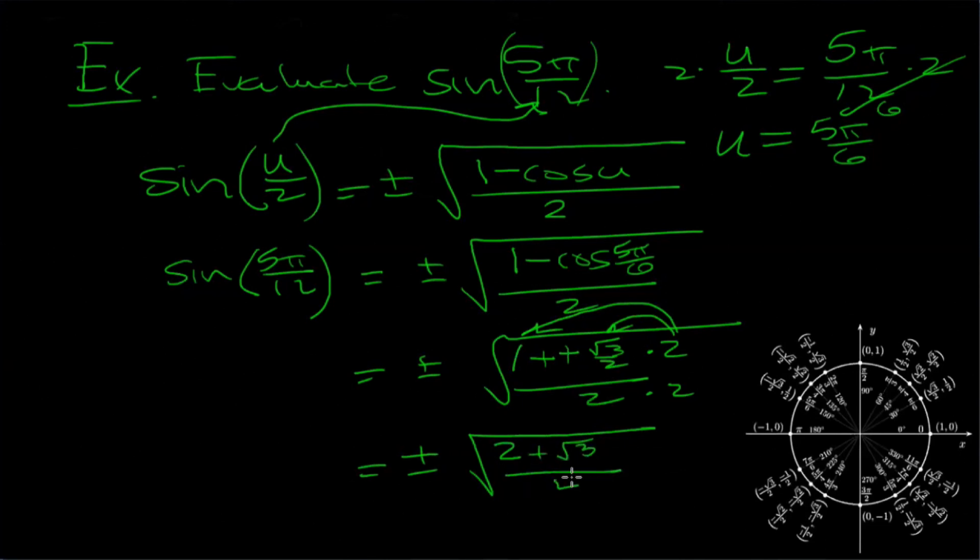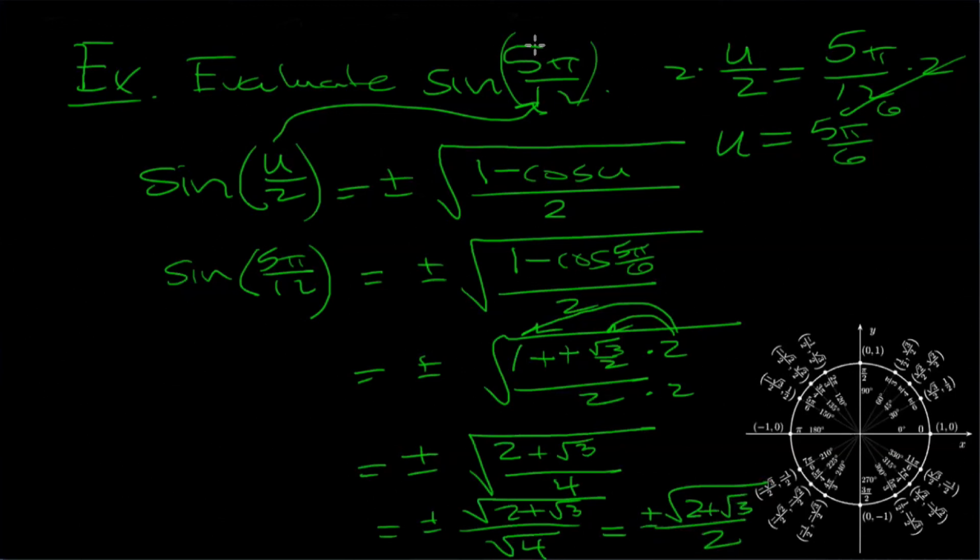In the bottom, I'll have a 4. And then I can simplify this because I can break it apart as the top and the bottom. And so then I'd have plus or minus the square root of 2 plus root 3 over 2.